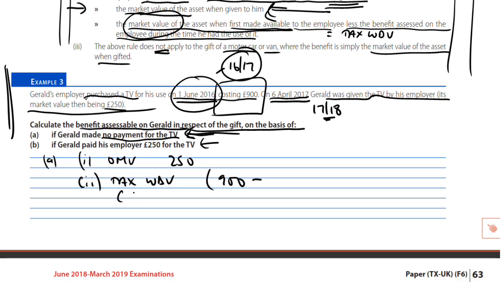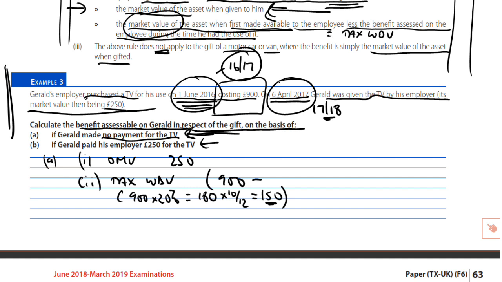A full year's benefit would be 900 times 20%, which would, I think, be £180. But we only get assessed from the 1st of June 16. So how many months is that? Work it through. That would be 10 months, methinks. 180 times 10 twelfths, 5/6 of that, well, that'll be a nice round number, £150.